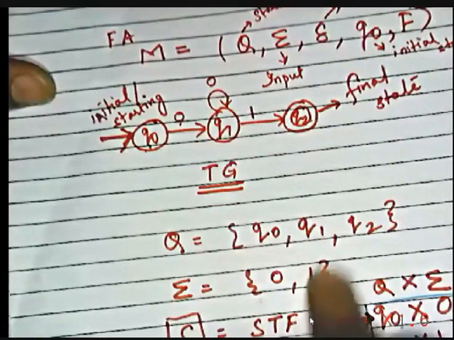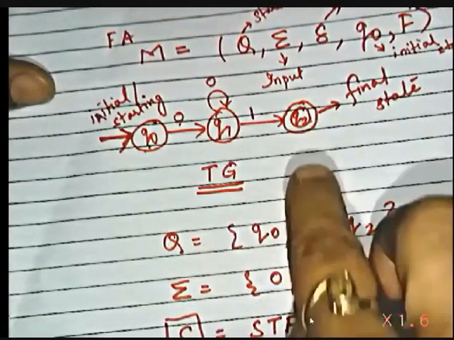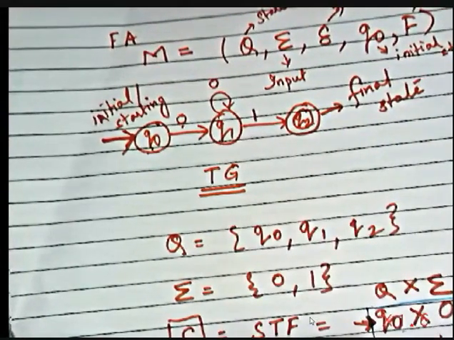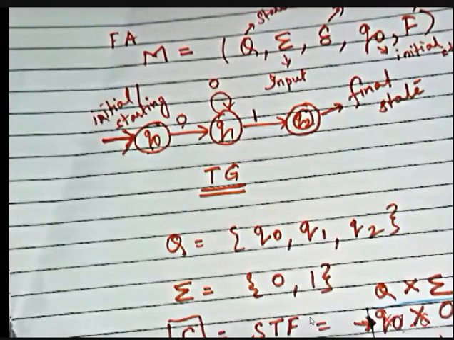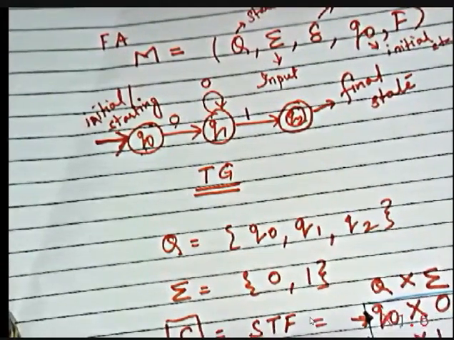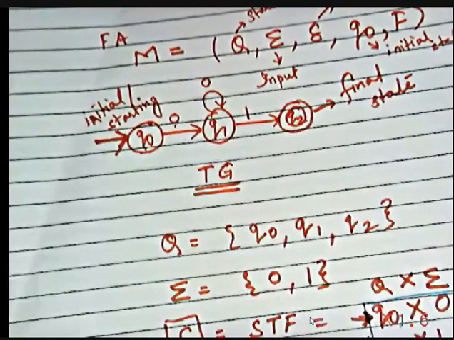So here I can say that there is no entry for Q2 into 0, it is going nowhere. Similarly, Q2 into 1 goes nowhere.